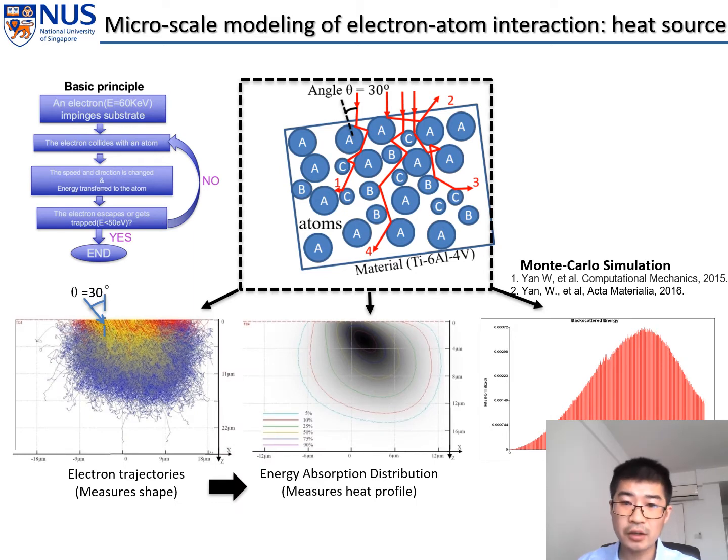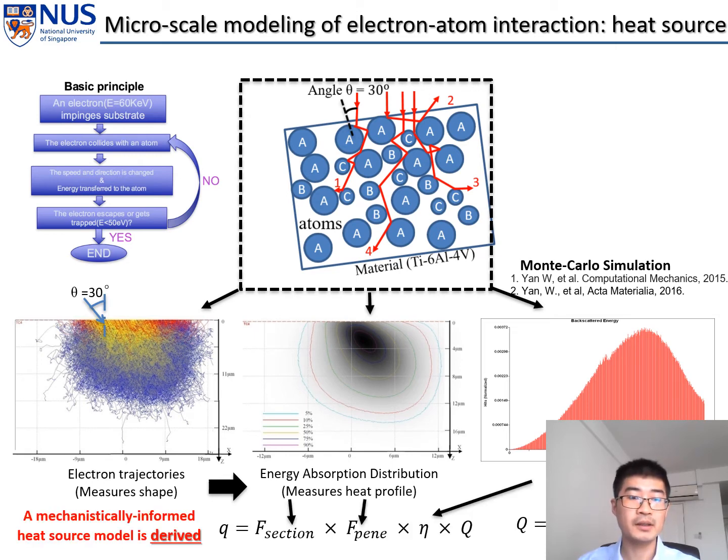So we use the Monte Carlo method to simulate millions of electrons impinging into the materials, track the trajectories of each electron, and their collisions and energy transfer in the material, and also we track the backscattered electrons and the energy they carry away, which is the energy loss at the large scale. With that, we can derive a physically informed heat source model.